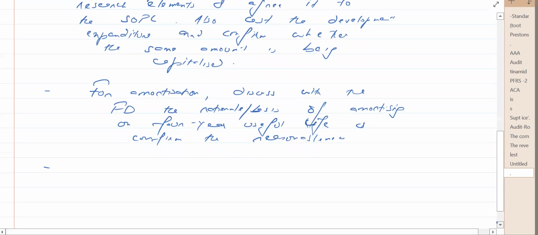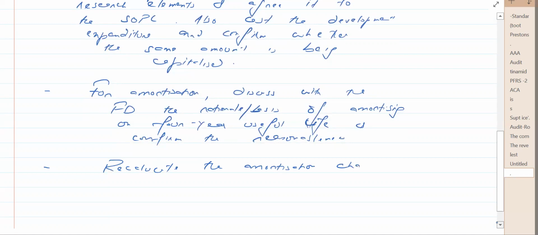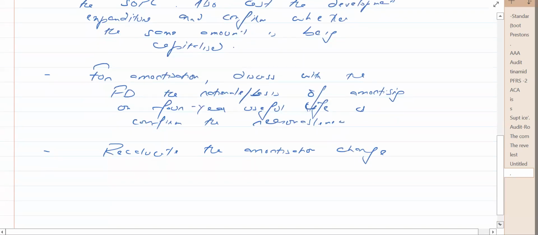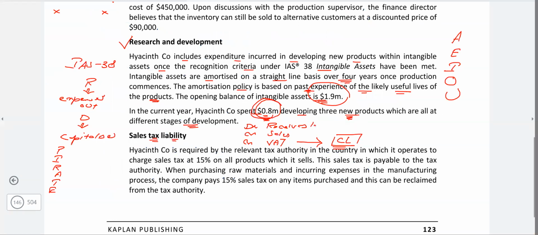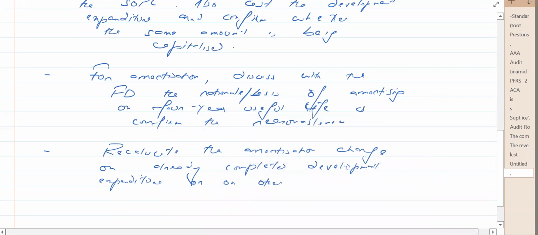And similarly, we do have the recalculation. So you can write recalculate the amortization charge on already completed development expenditure or on other intangible assets, but there is no need to write or other any intangible asset because in this question we do not have that.